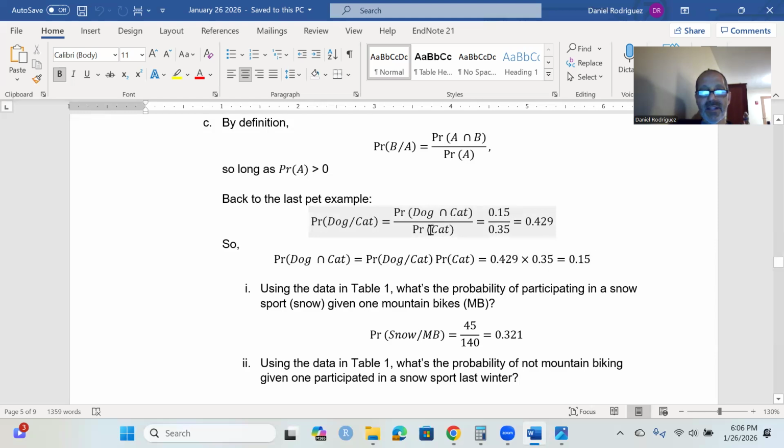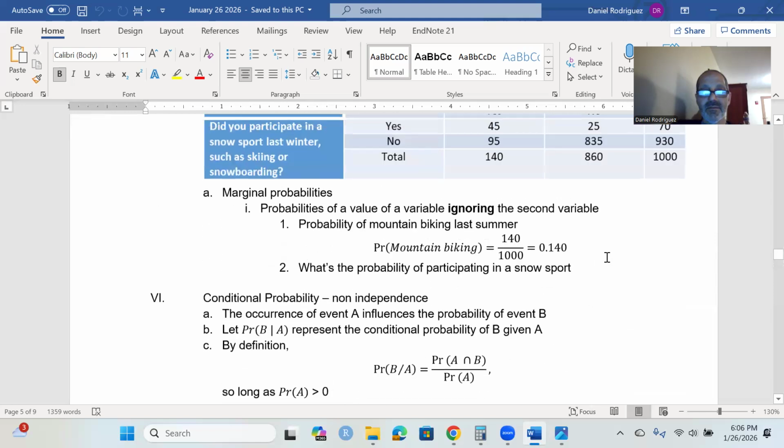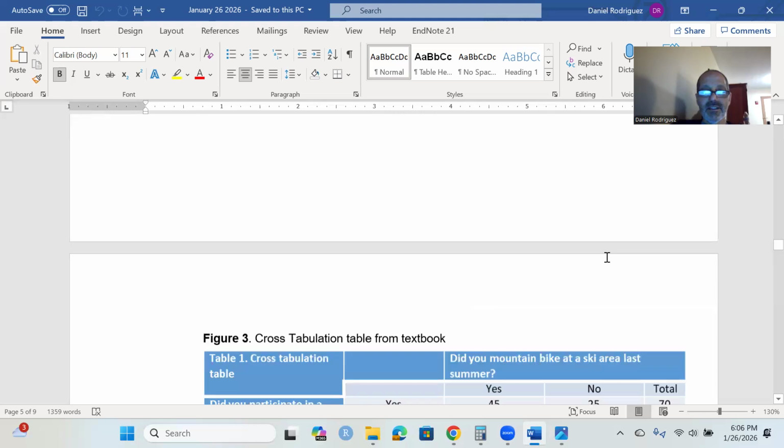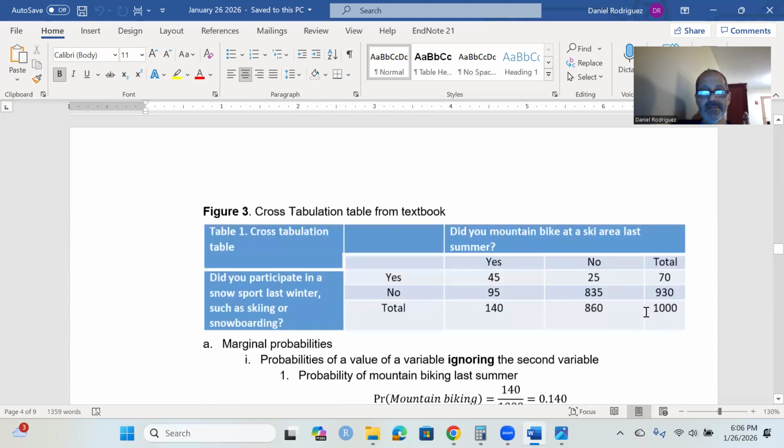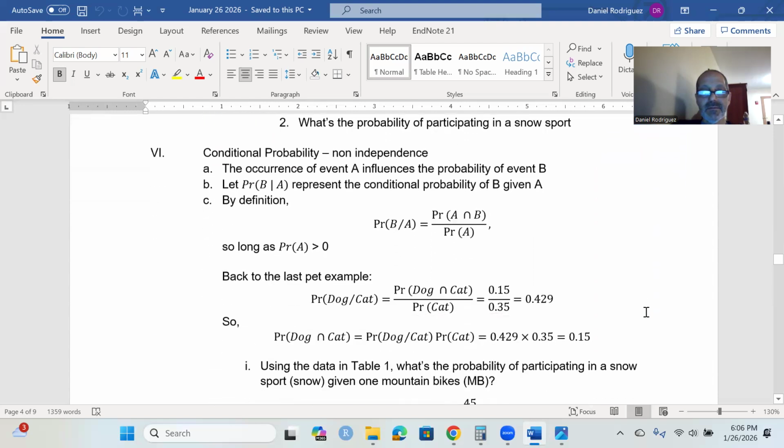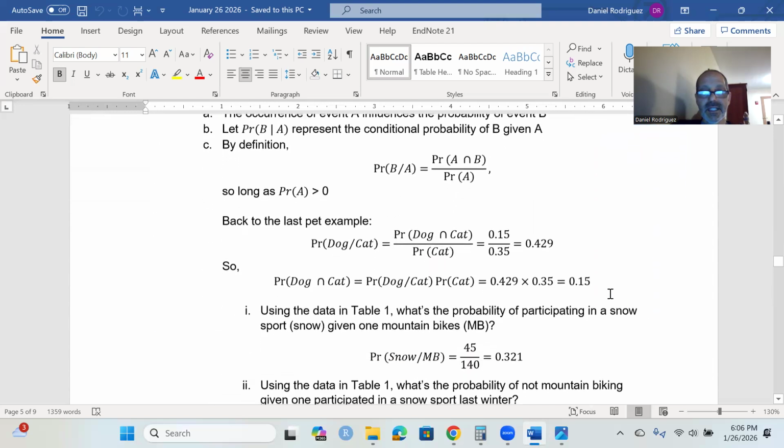That would eliminate this denominator here and put it out here. So that's what we get. Just rearrange it so we get 0.429 times 0.435, or 0.15. And that's what we had before, somewhere here. Yeah, here. Okay. That's it.